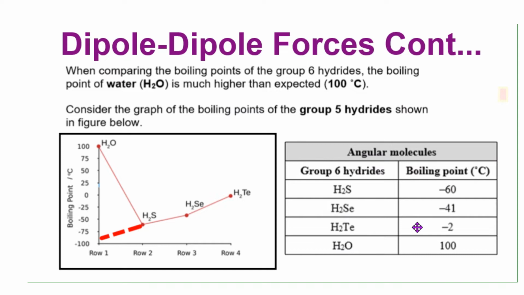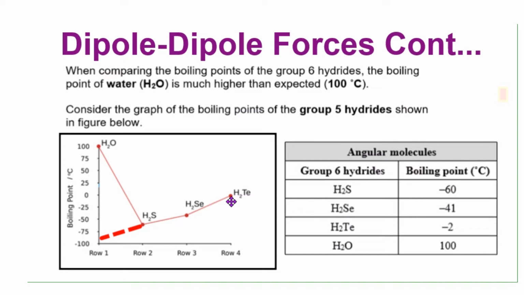So why is there a difference in boiling point? So remember what I told you we have to have a look at. If you've got the same type of intermolecular force, we have to look at either the surface area or the molecular mass. So in this case, we look at the molecular mass. As you go from H2S to H2Se to H2Te, the molecular mass is increasing.